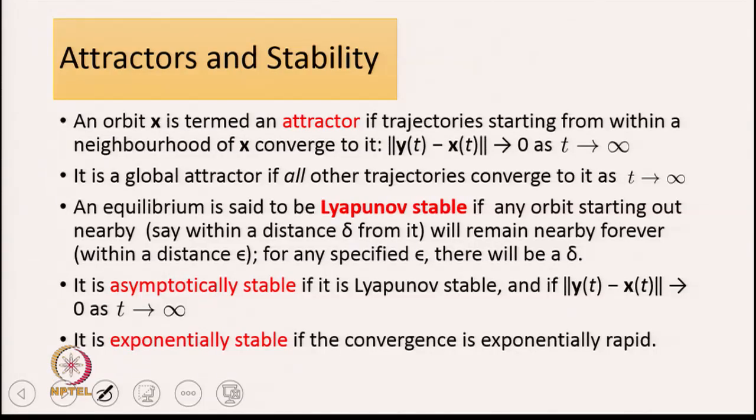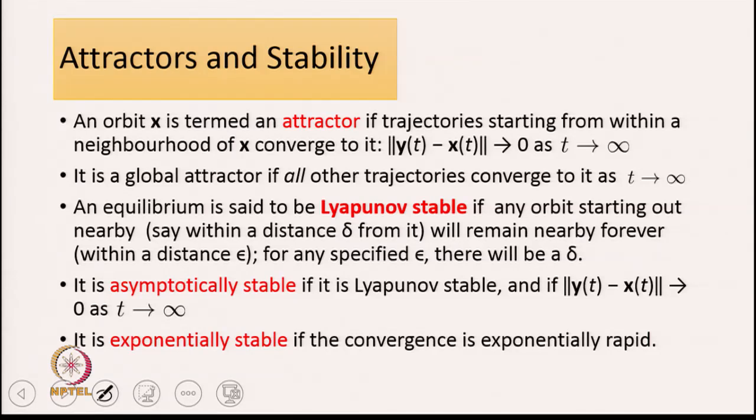Okay. So, an orbit x, and this orbit could be a point, it could be a limit cycle, is termed an attractor if trajectories which start from within some neighborhood of x converge to it.